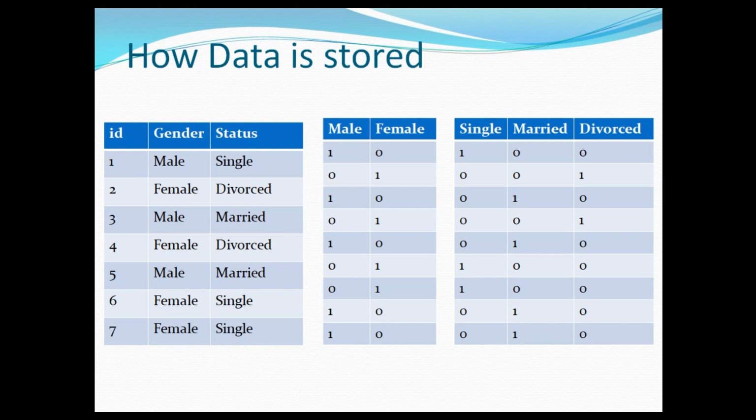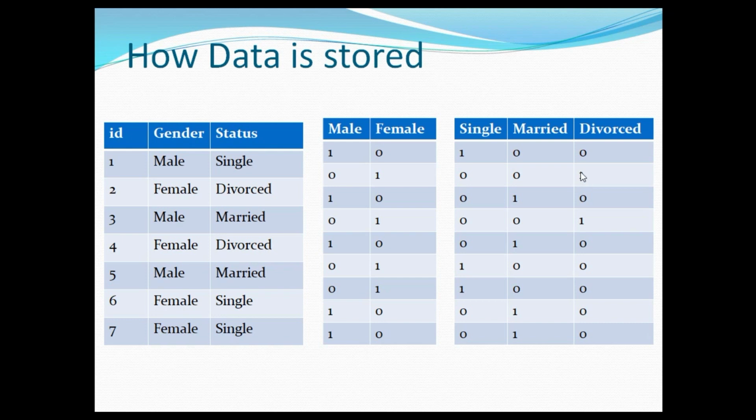Now I want to identify the females that have been divorced. The first thing Oracle will do is try to identify out of all the records how many are female. Here we have 4 females that have 1 bit corresponding to them. Then it will try to identify out of these females which are divorced.